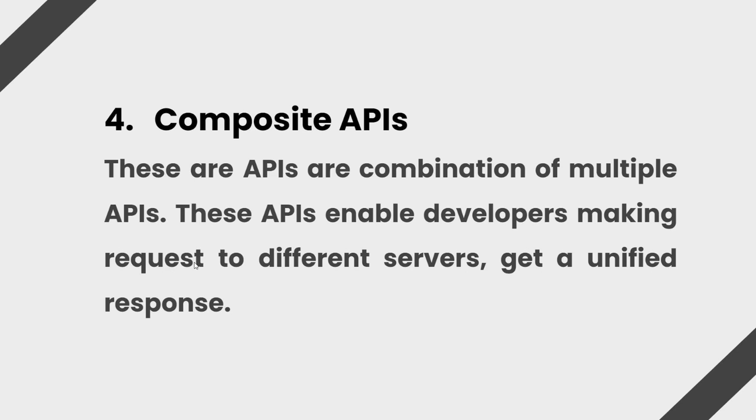And so once your request is fulfilled, you would get a response from these different APIs. But remember, they were a combination of all of them as one request. So you would also get your response as a combination of all of them as one response. So that's how the composite APIs actually are.